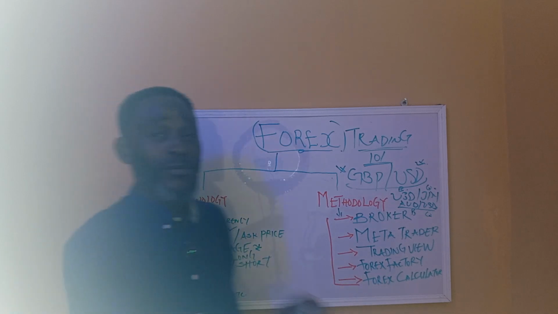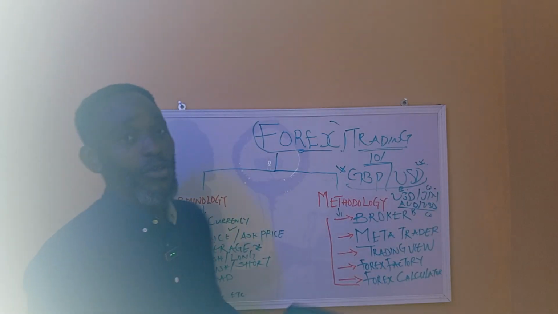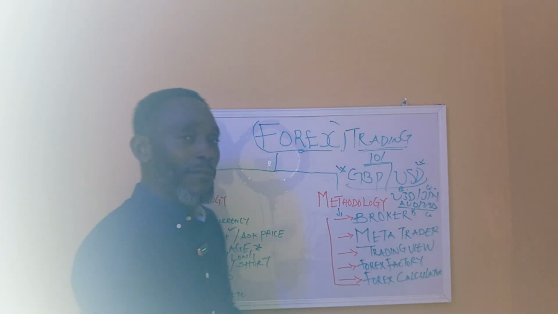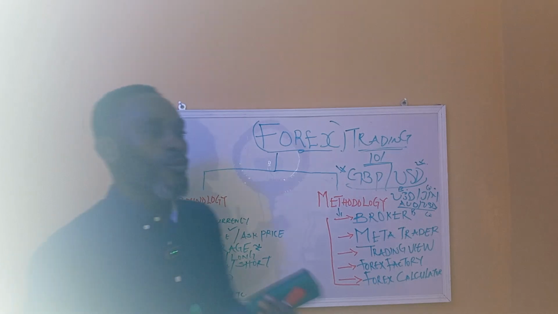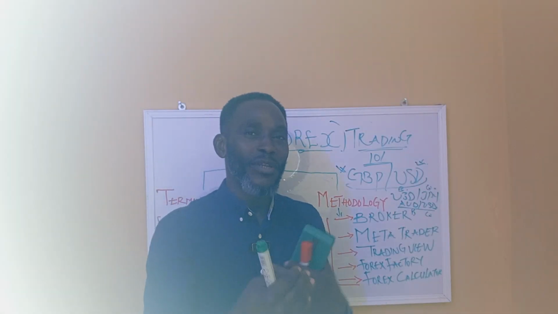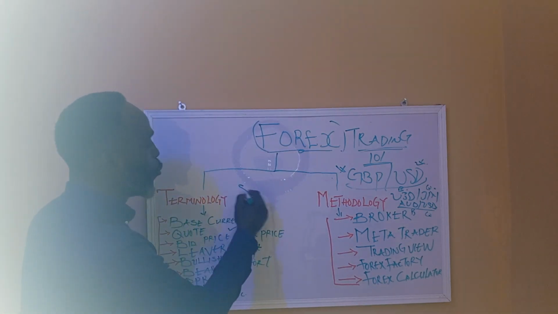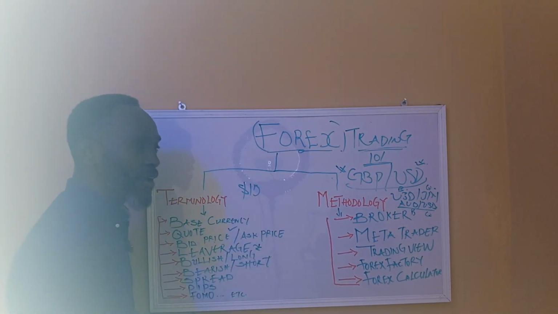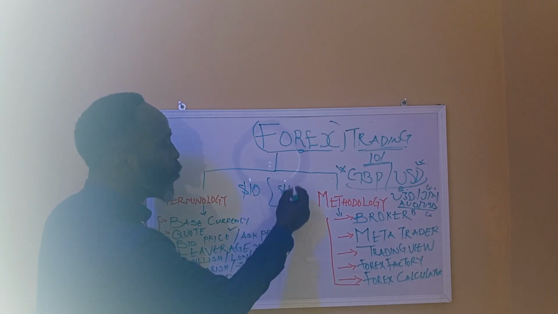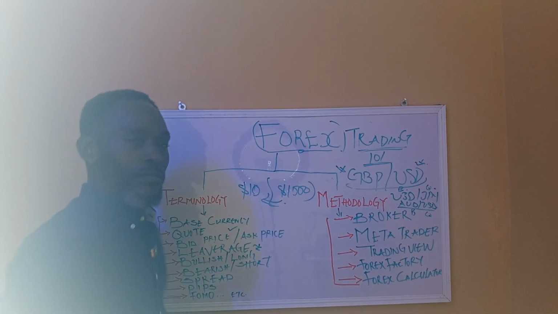And we have several types of leverage based on the broker you are using, like the broker that I could recommend to you. Let's get to that aspect of terminology; I will explain more on that. So leverage is what this broker has given you, that money backing your $10. Let's say you are coming to the financial market with $10. Now the broker at the back end has given you $1,000 to boost your $10.